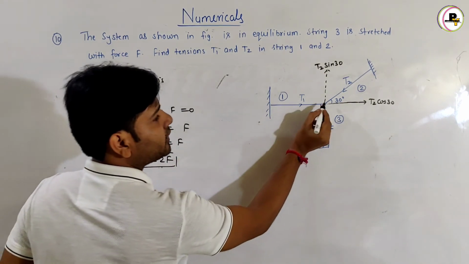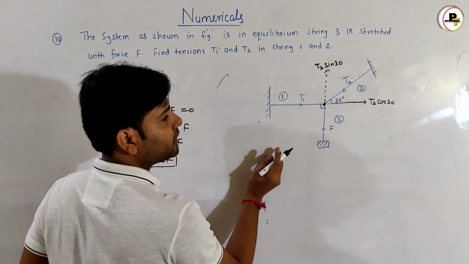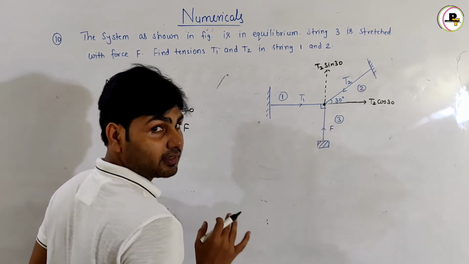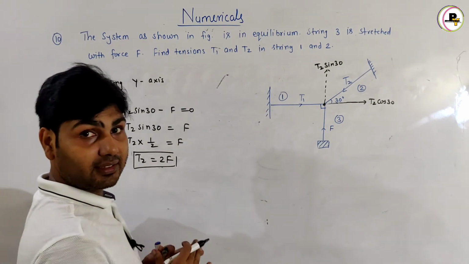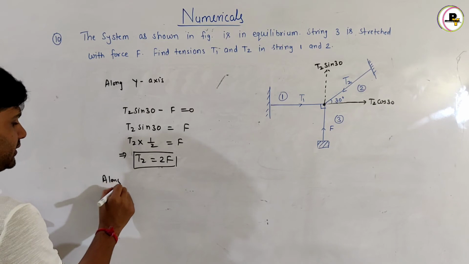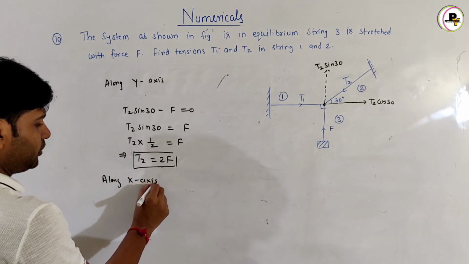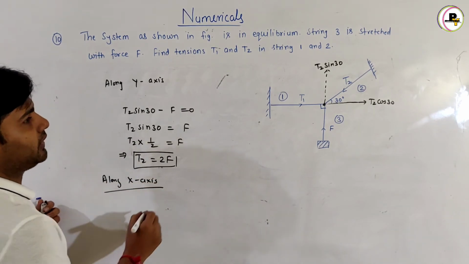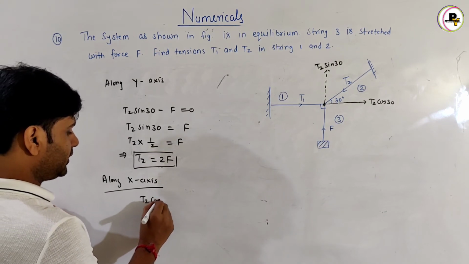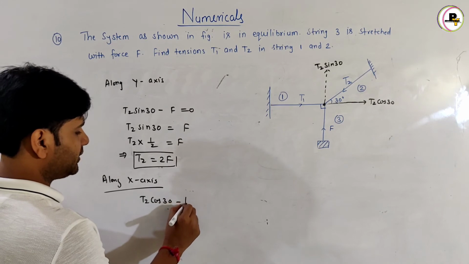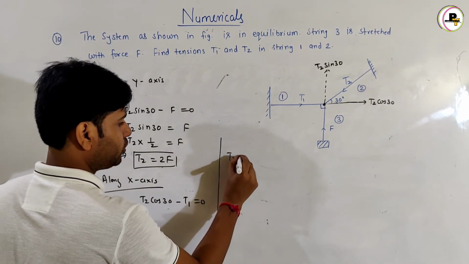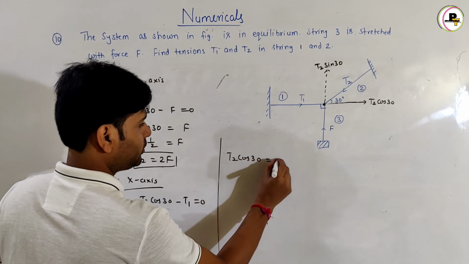Now since this point is in equilibrium, there is no net force along x-axis, that is the sum of all the forces along x-axis is equal to 0. So I can write here along x-axis, the sum of all the forces is equal to 0, that is T2 cos 30 minus T1 is equal to 0, or T2 cos 30 is equal to T1.